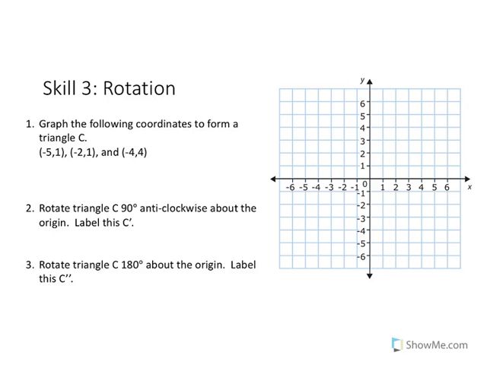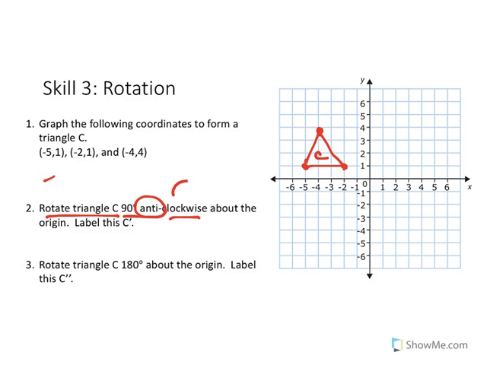Finally, rotations. And this is where I recommend having a protractor to help you. So graph again the same triangle. Label it C. Now rotate triangle C 90 degrees anti-clockwise.